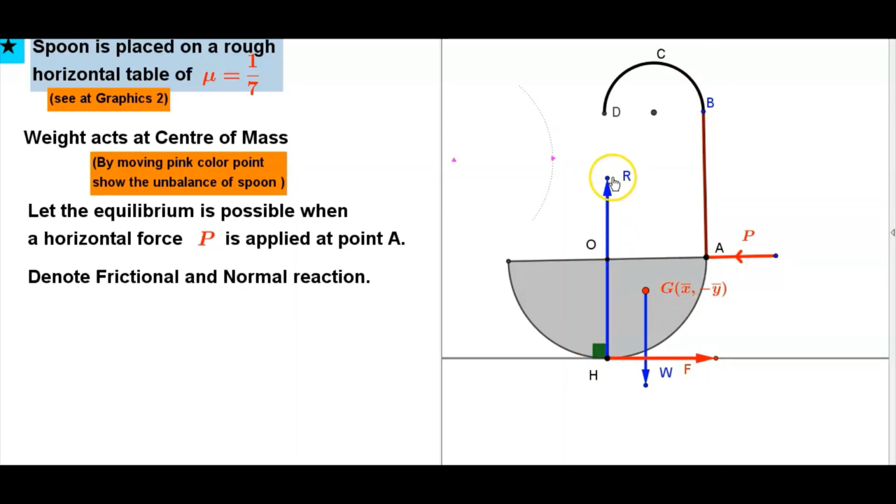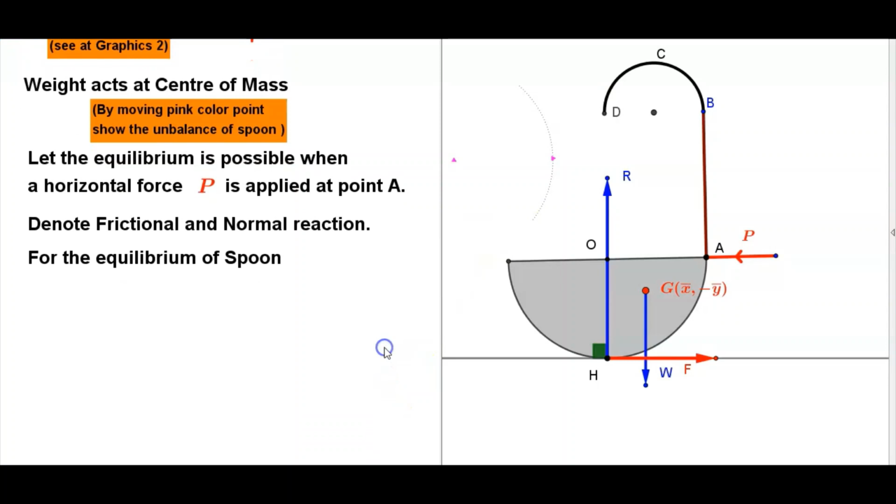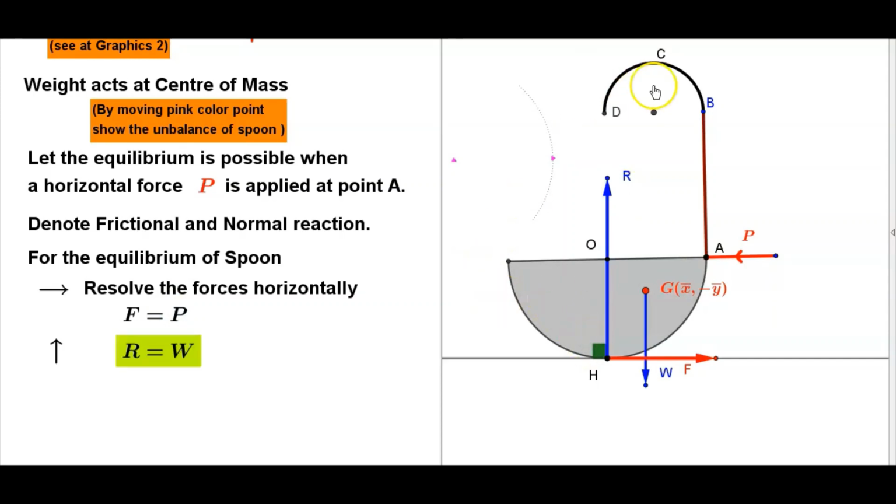And the normal reaction at this curved surface by the table through H is R. For the equilibrium of the spoon, resolve the forces horizontally: F is equal to P. Resolve vertically. What are the vertical forces? R is equal to W.